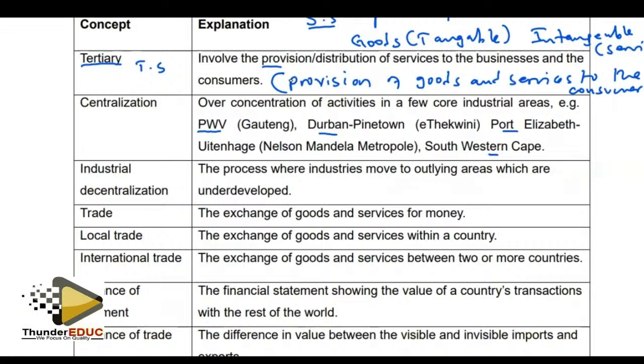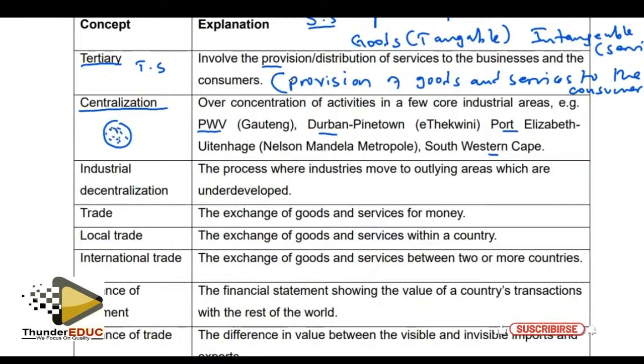So there are more industries that have clustered in those four major areas. That is what we said regarding centralization, industries concentrating in a given few core areas.